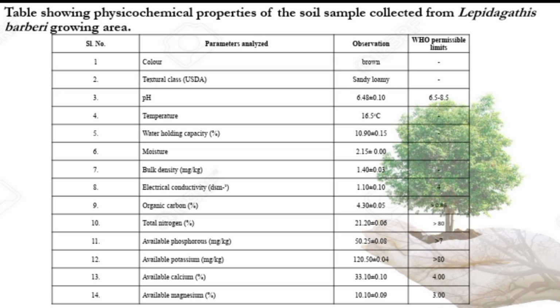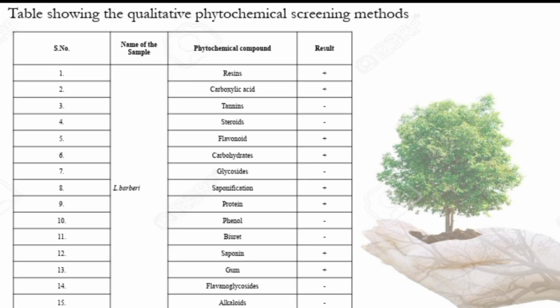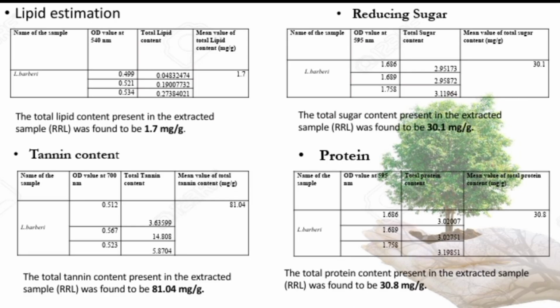This is the table showing the physicochemical properties of the soil sample collected from the area. And this is the table showing the phytochemical compounds. It shows the presence of resin, carboxylic acid, flavonoid, carbohydrates, saponification, protein, saponins, and gum. This table shows the lipid estimation.